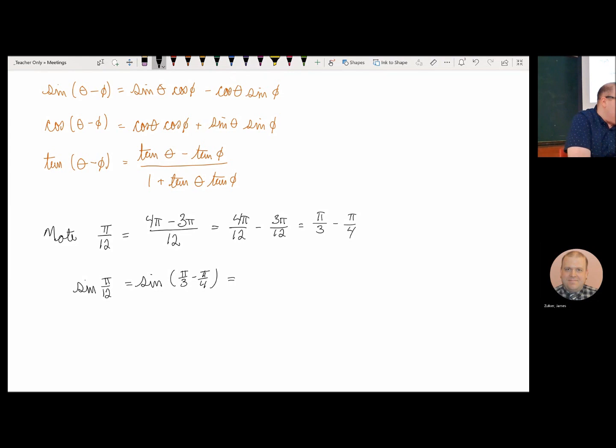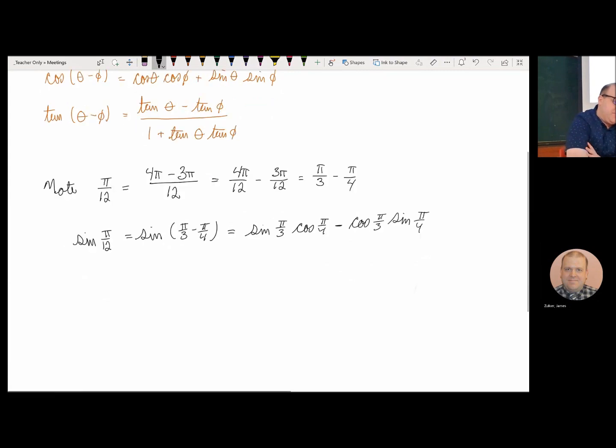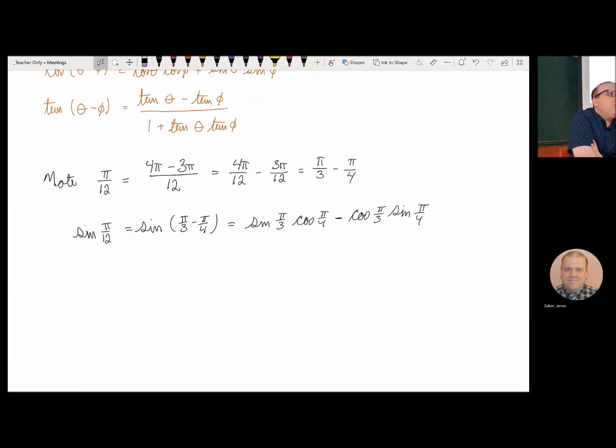Then using the difference identity for sine, that's sine of pi over 3 times cosine of pi over 4 minus cosine of pi over 3 times sine of pi over 4. We know those values. Well, let me rephrase that. We should know those values.